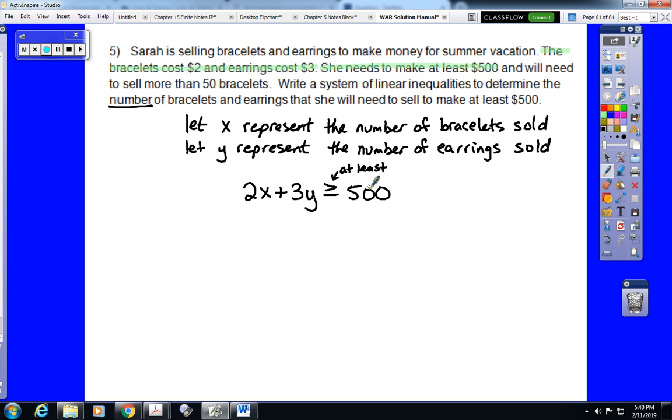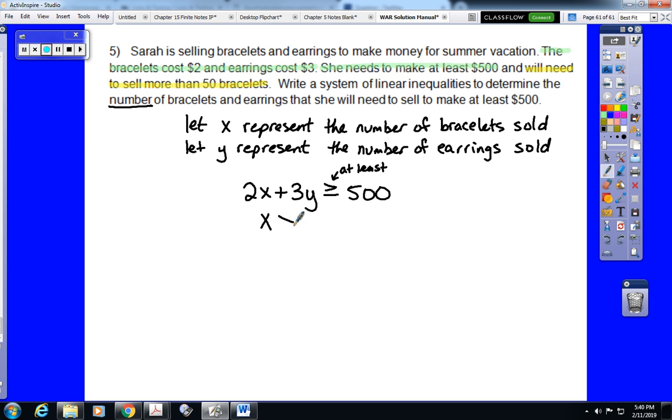The other equation comes from the statement that she will need to sell more than 50 bracelets. In that case, we would say the number of bracelets alone, so X, has to be more than 50.